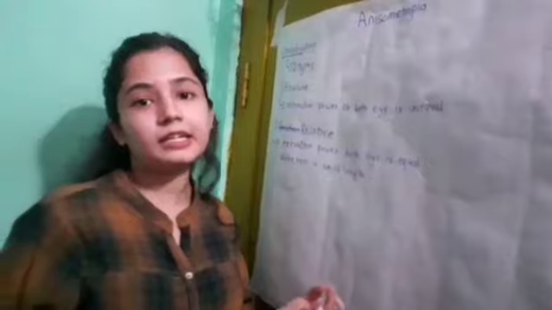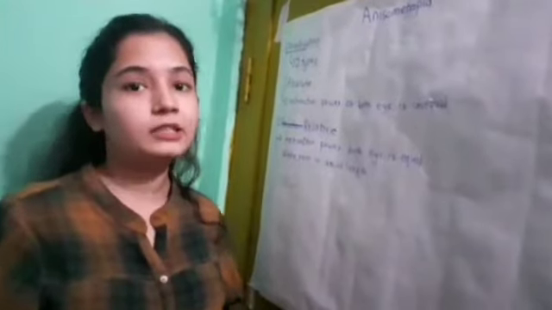In relative anisometropia, it has a clear retinal image but a different size of retinal image.